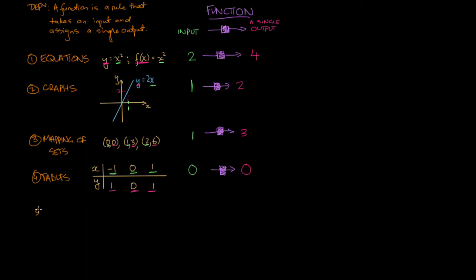The 5th one is that you might get a relation diagram. A relation diagram again assigns a set of inputs to a set of outputs. So for instance, imagine that we have 2 sets.